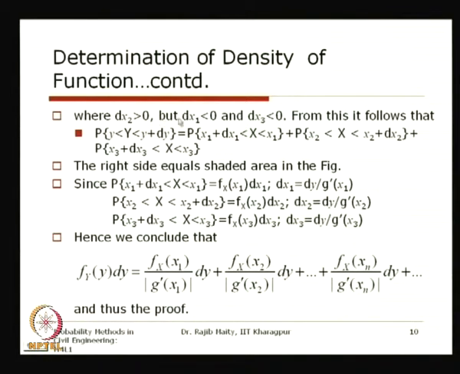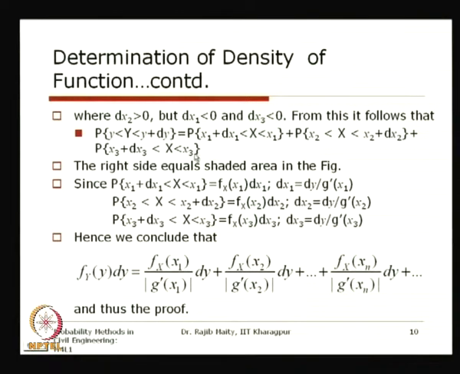Yes, these points we just told which one is positive and which one is negative. So from this it follows that the probability of y being in this zone, y to y plus dy, should be equal to the probability of the first set, x1 plus dx1 to x1, plus the probability from x2 to x2 plus dx2, plus the probability of x3 plus dx3 to x3.